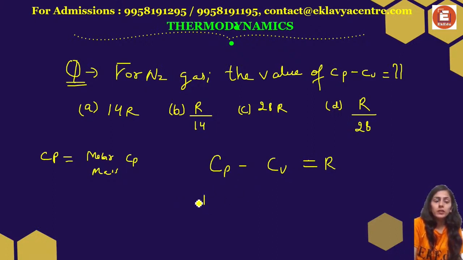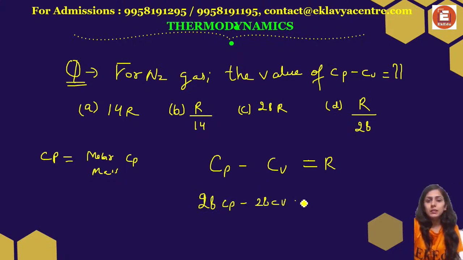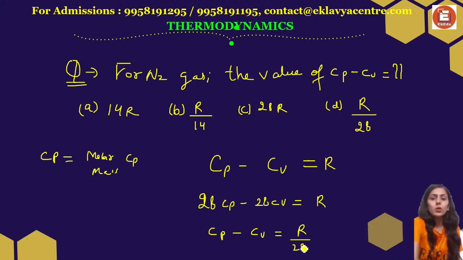What is the molar mass of nitrogen? 14 times 2 is 28. So 28 cp minus 28 cv is equal to R. Therefore, cp minus cv is equal to R by 28. So option D is the correct answer.